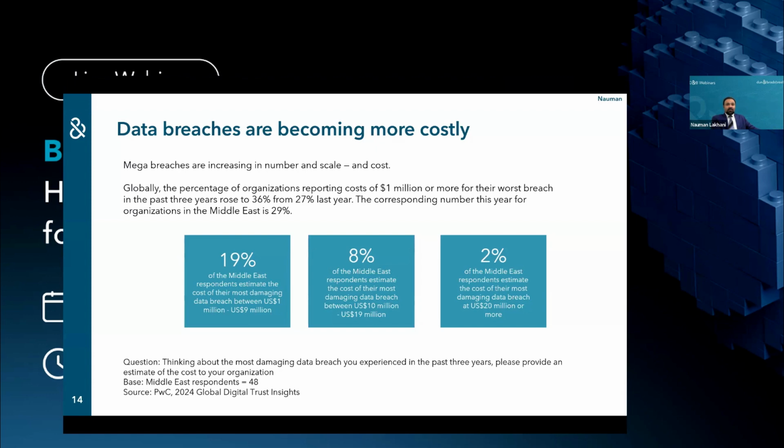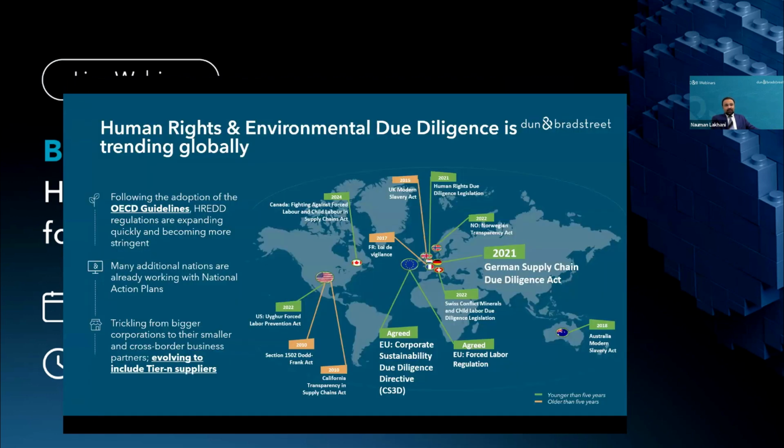And now, Neil, I'll hand over back to you to cover probably the human rights and environmental due diligence trends globally, which are taking shape. Yeah, thanks, Nauman. And this is an area that's been steadily growing, I think, in terms of importance.